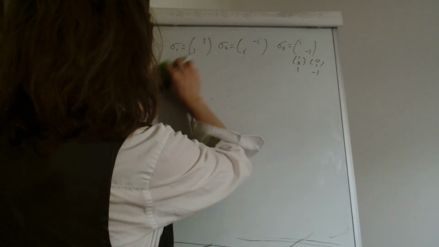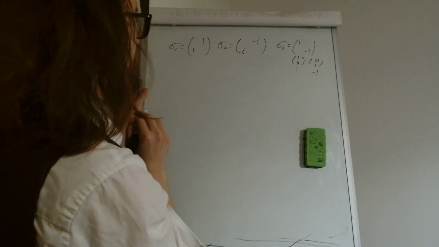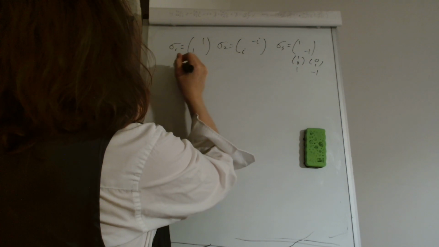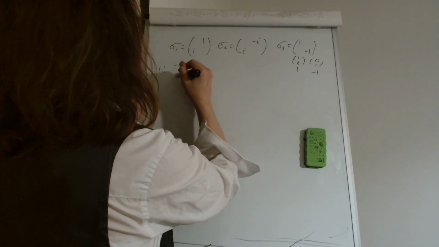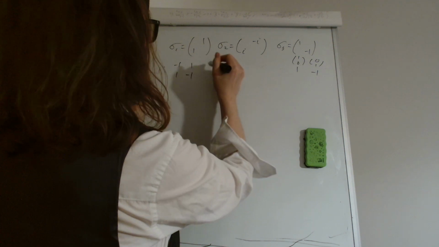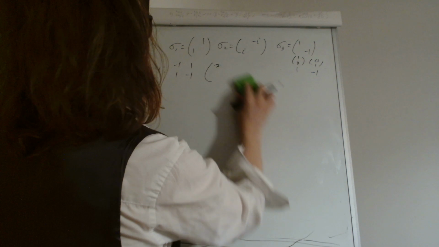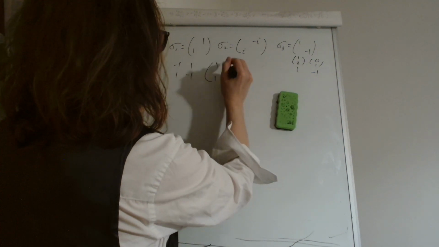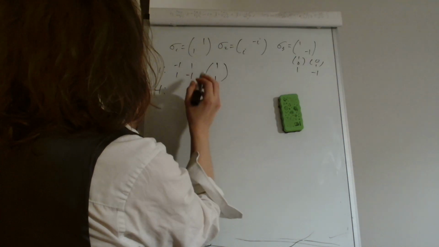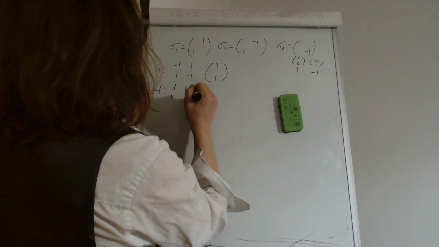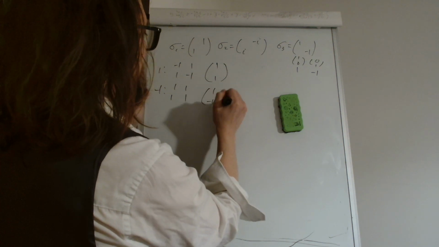Then we calculate the eigenspace of sigma 1. We have eigenvalue 1, so minus 1 and 1, 1 and minus 1, which gives 1 1, x equals y, and for minus 1 we have 1 1, 1 1, so x equals minus y, so 1 minus 1.